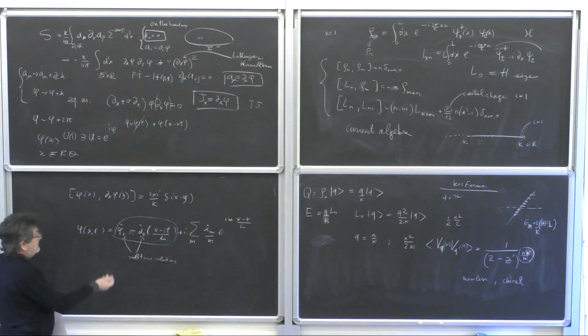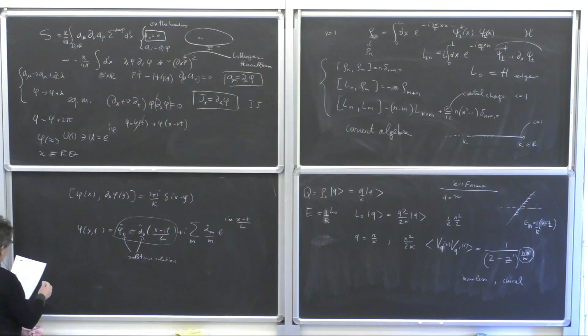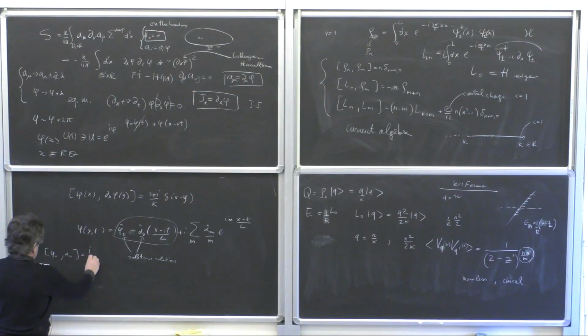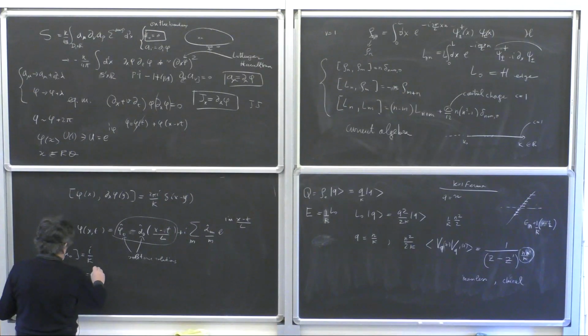And if you do this, you discover that there are commutation relations between phi 0 and alpha 0 equal to i over k, and alpha n, alpha m equal to n over k delta n plus m, 0.